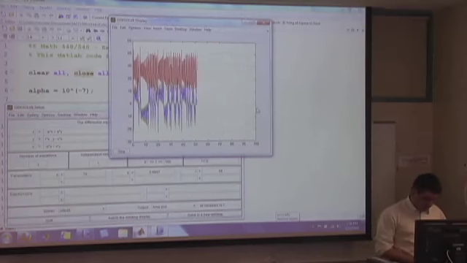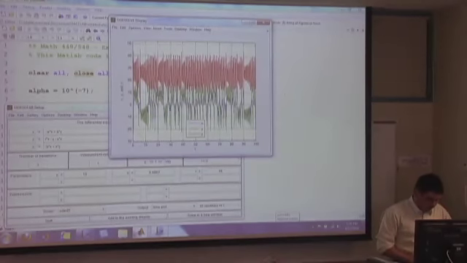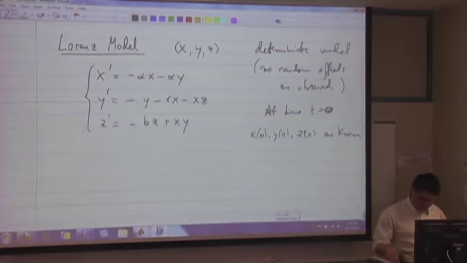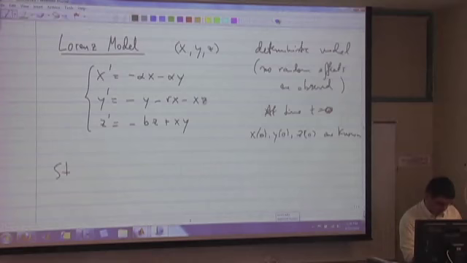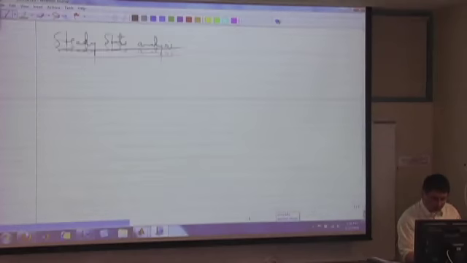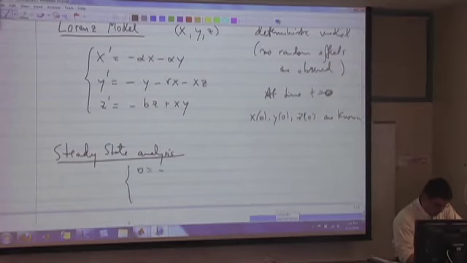Okay, so what do you do with every system? Well, with every dynamical system like this, what have we been doing? The first thing you do is a steady state analysis, and of course you study the stability of the equilibria, right? So this is simply a system of algebraic equations.